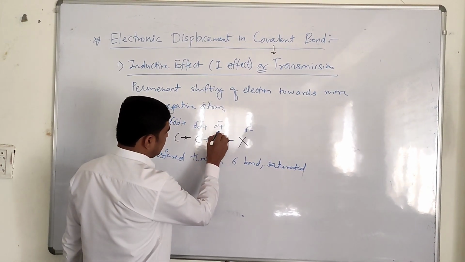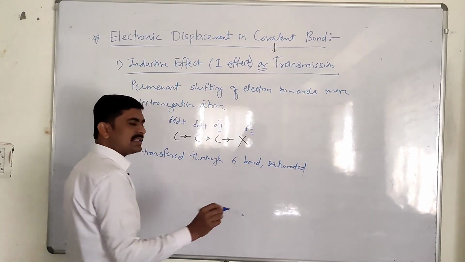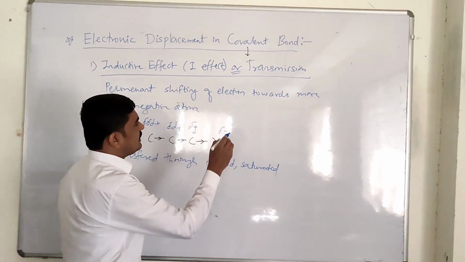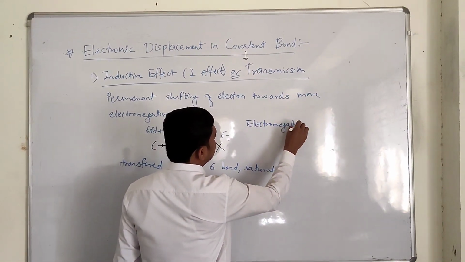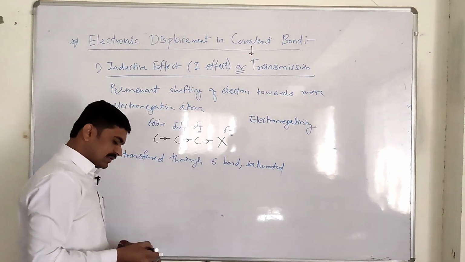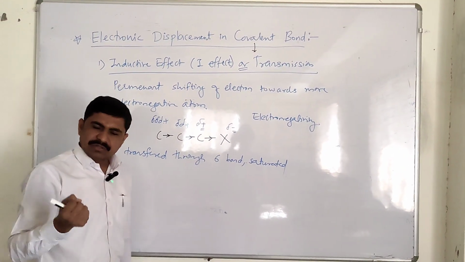This difference of delta plus and delta minus is only because of the difference in electronegativity, therefore the electronegative atom withdraws electron towards itself.